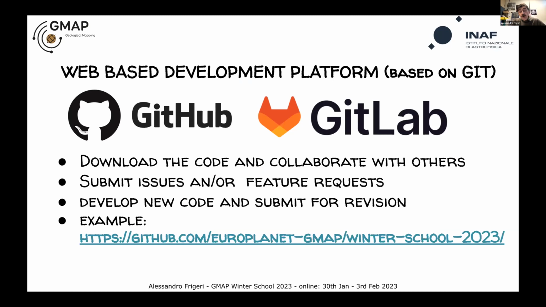These 2 platforms are GitHub and GitLab, which allow you to download the code and collaborate with others, but also allow you to submit issues or feature requests for possible improvements of the software. And then if you have access to the code, you can develop new code and submit this code for revision to get improvements of the software you're using.